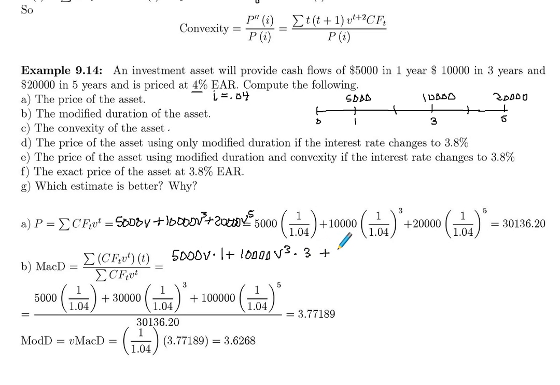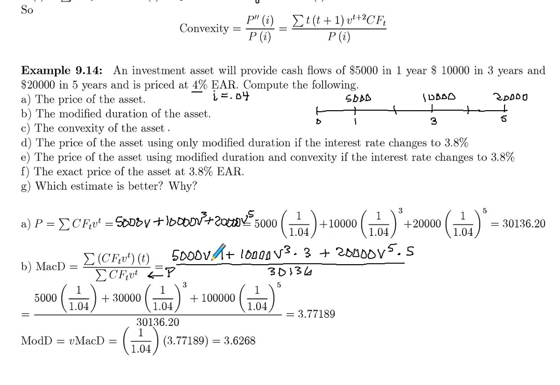And then the last cash flow is 20,000 v to the 5th, the discount factor that gives us the present value, and that happens at time 5. So there's our numerator. And then our denominator, this is just price. Okay, and we already figured that out. That's the 30,136. So we don't have to do that calculation again.